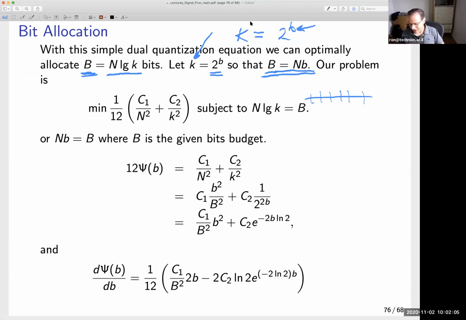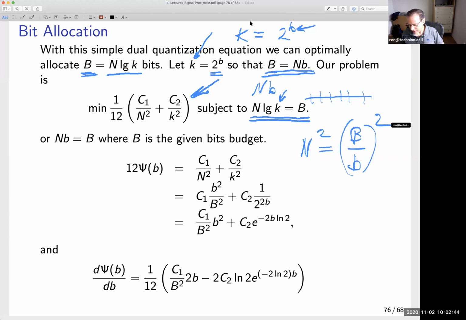So what is going on here is that I have this minimization problem, and I know that I have this constraint that the number of bits that I am allowed to play with would be equal to capital B. Now, instead of k, I was putting the number of bits that I would need to represent k, which basically gave me n times b is equal to capital B. So if I plug it in, what I'm getting is that instead of n squared, I could write capital B divided by b squared.